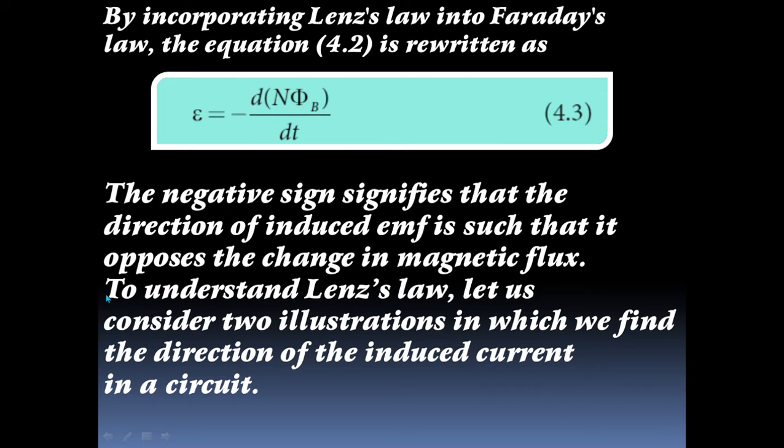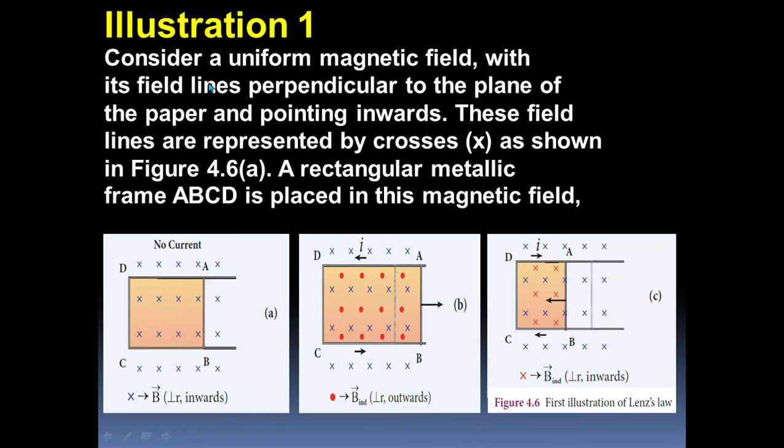To understand Lenz's law, let us consider two illustrations in which we find the direction of the induced current in a circuit. Illustration 1. Consider a uniform magnetic field.